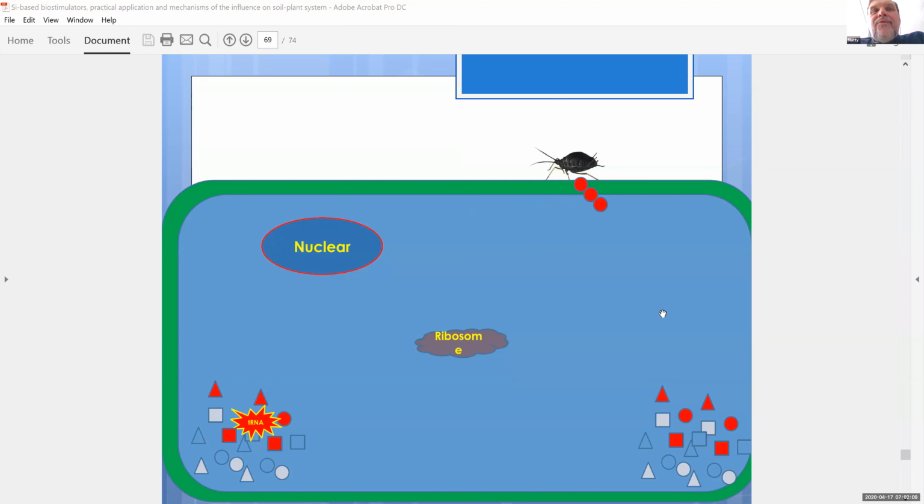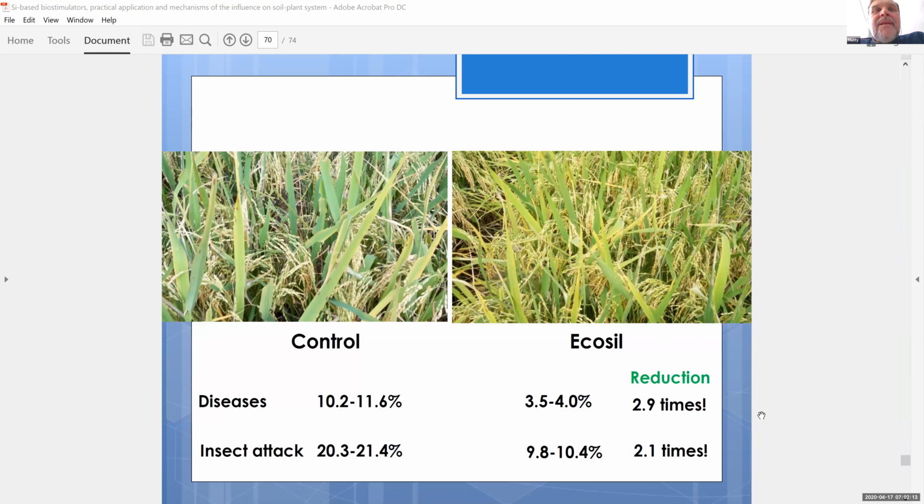And when we go to the field test, next. You can see that when we applied EcoSeal, we reduced the percent of leaf area under disease practically 3 times, and insect attack 2 times. And in general, when we applied EcoSeal, we can reduce pesticide application by 70%.